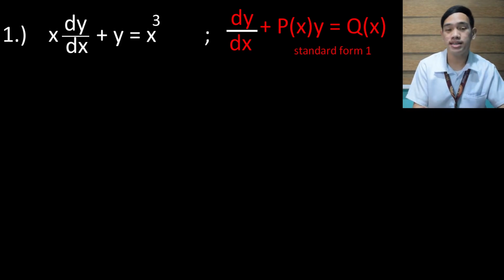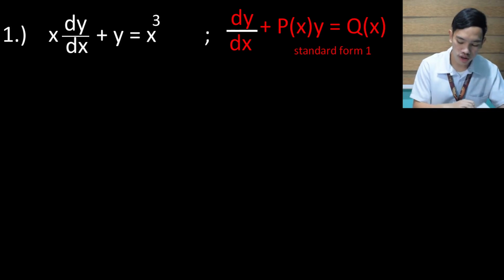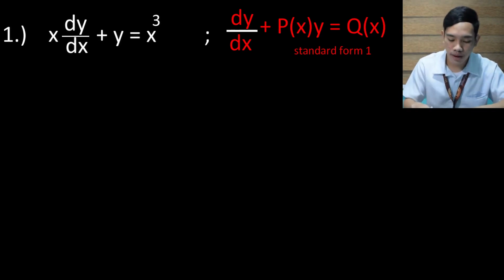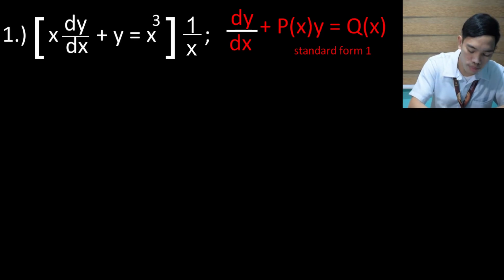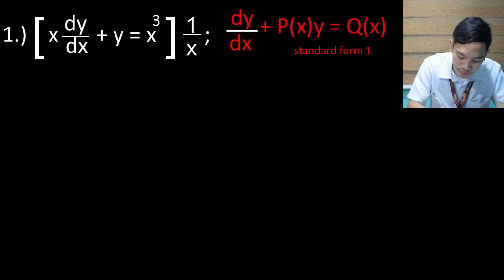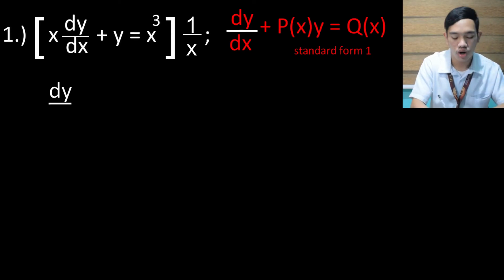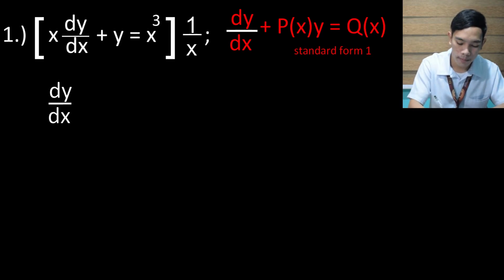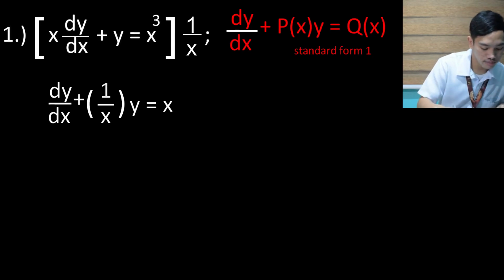So, to make this look like in standard form, I am going to divide both sides by x. Divide both sides by x, and this will be dy over dx plus 1 over x multiplied by y equals x squared.